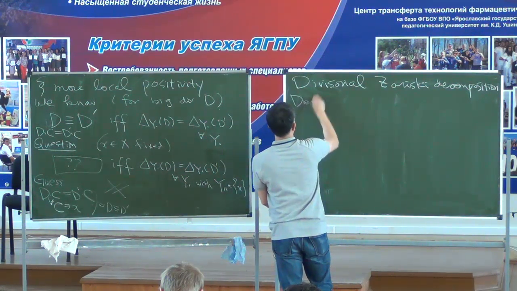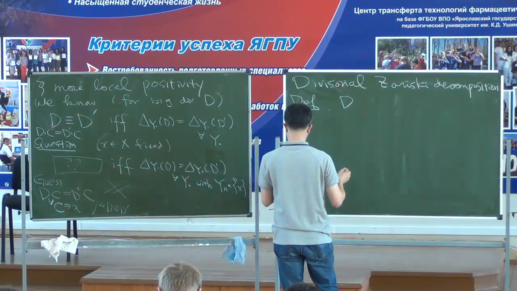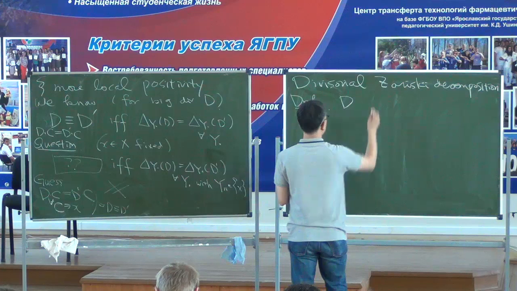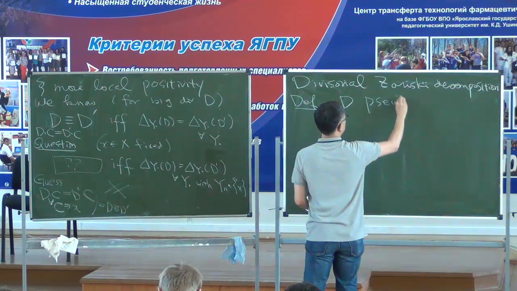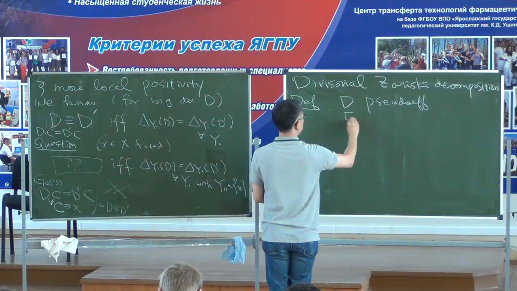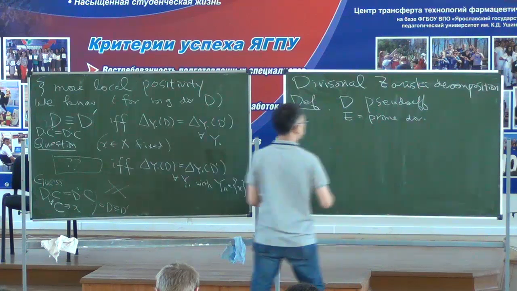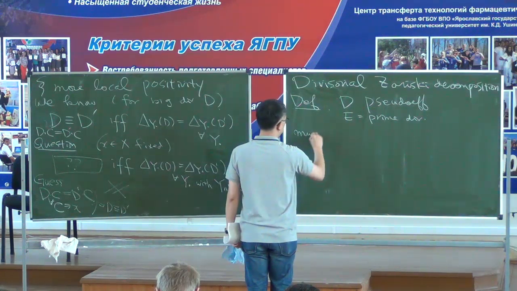So here is the definition. D pseudo effective, and E is a prime divisor. Okay. And multiplicity.